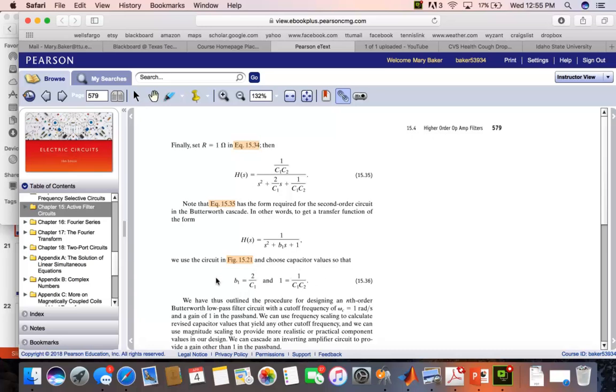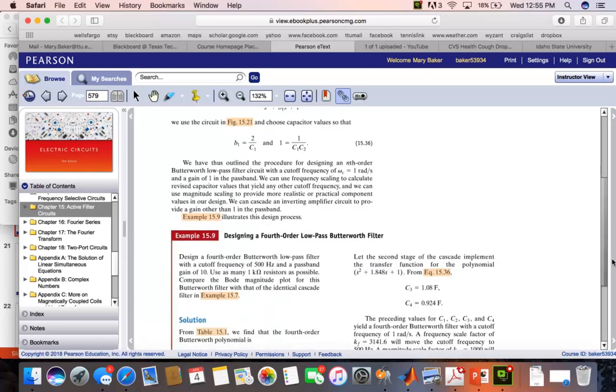And we've already selected a prototype filter that has a cutoff frequency of 1 and a resistance of 1 ohm. So the next thing to do is to work with this b1 term so that we can define what C1 is. Once we've solved for C1, we can then use this equation to solve for C2, and then that allows us to solve for all of our components.